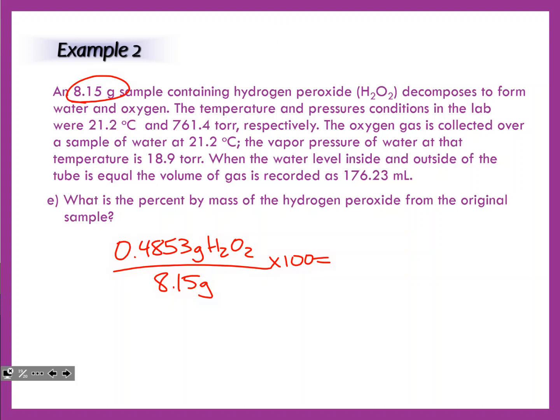That was in there, right? And that's about 6%. It's actually 5.95%. Yay! And I made it just under the bell. All right.